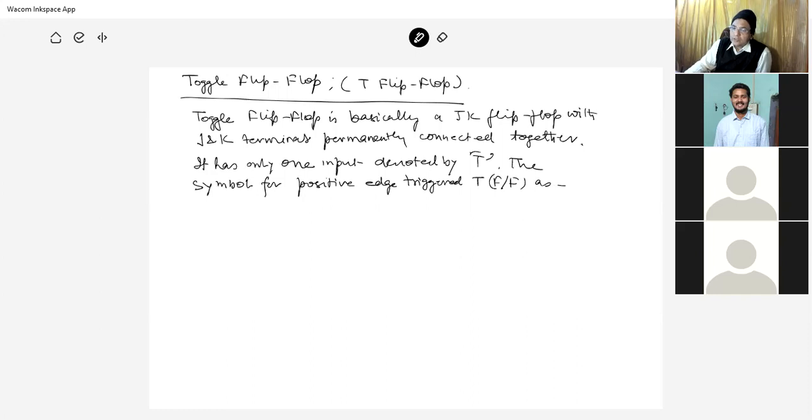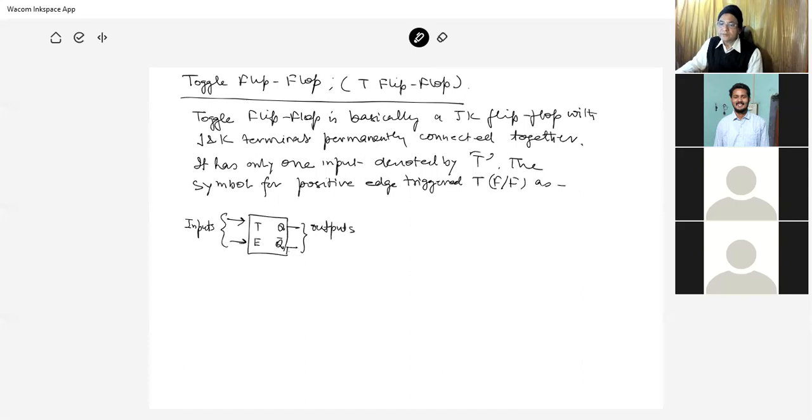This is the block. This is T. This is E. Here it is Q. This is Q bar. So these are the two inputs, and here it is the two outputs.